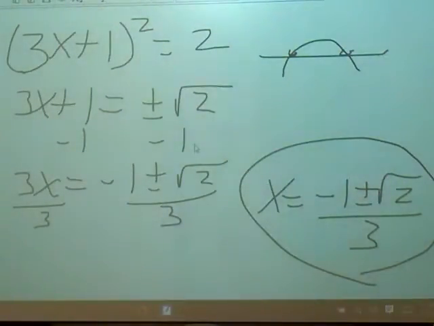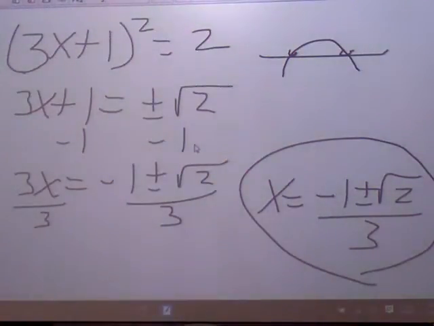So if I'm trying to locate my golf ball and you tell me that I need to go negative 1 plus or minus the square root of 2 divided by 3 feet, I don't have any idea what that is. Who does know what that would be close to? But you could put the square root of 2 as a decimal, and I could probably find the golf ball. But it's all up to what the question tells you to do.